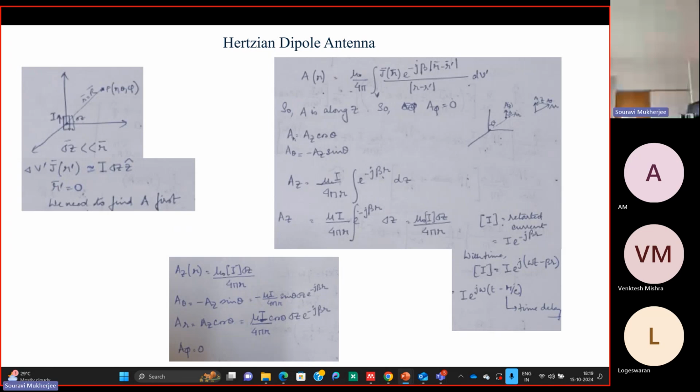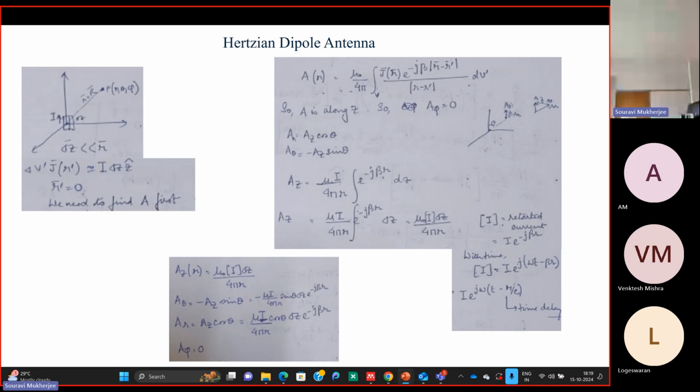Okay. So now, look at the expression here for the vector potential. You see that there is a current density involved, and it's over a region.